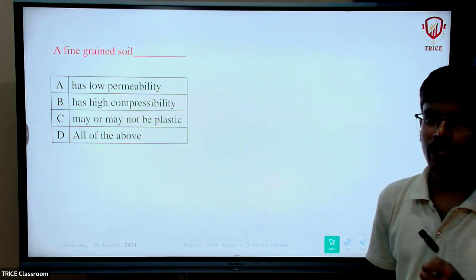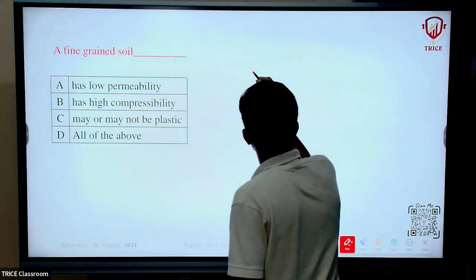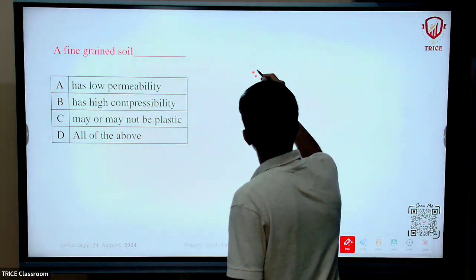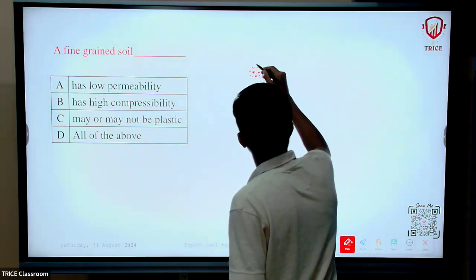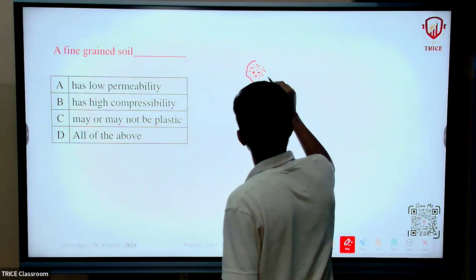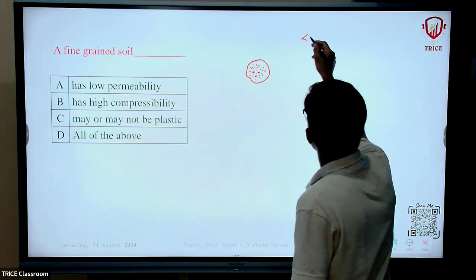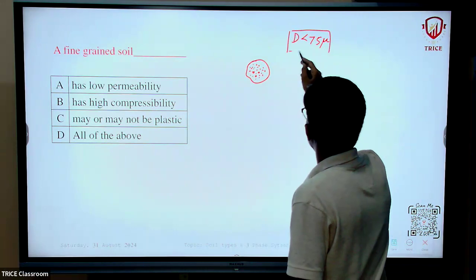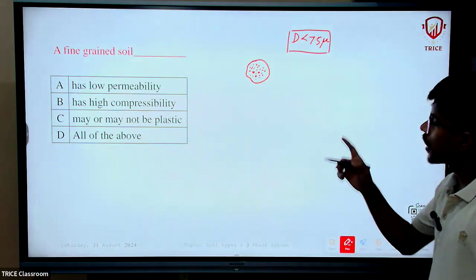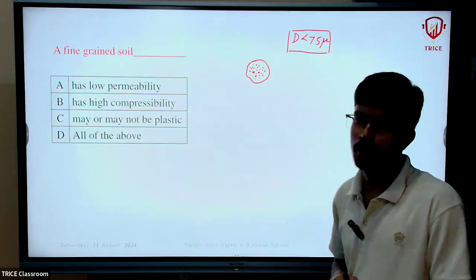In fine grained soils, the soil particles are very small, and the individual particles can only be identified with a microscope. Fine grained soil is nothing but particle size less than 75 micron. Observe that for fine grained soil, option one is low permeability, right?